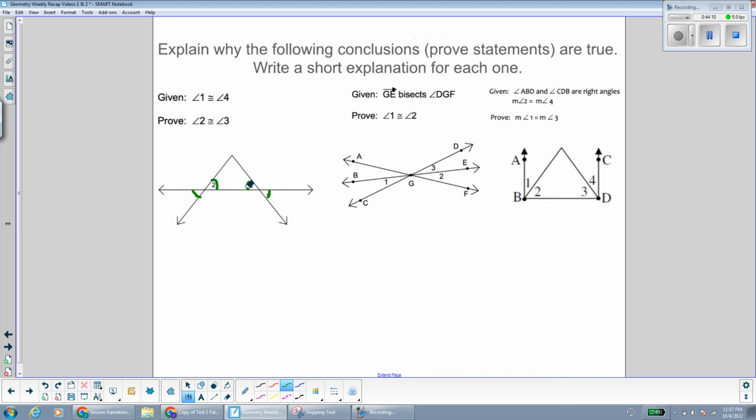So let's write this down. So we have our givens, and then after our givens, we have angle 1 is congruent to angle 2. And angle 3 is congruent to angle 4.